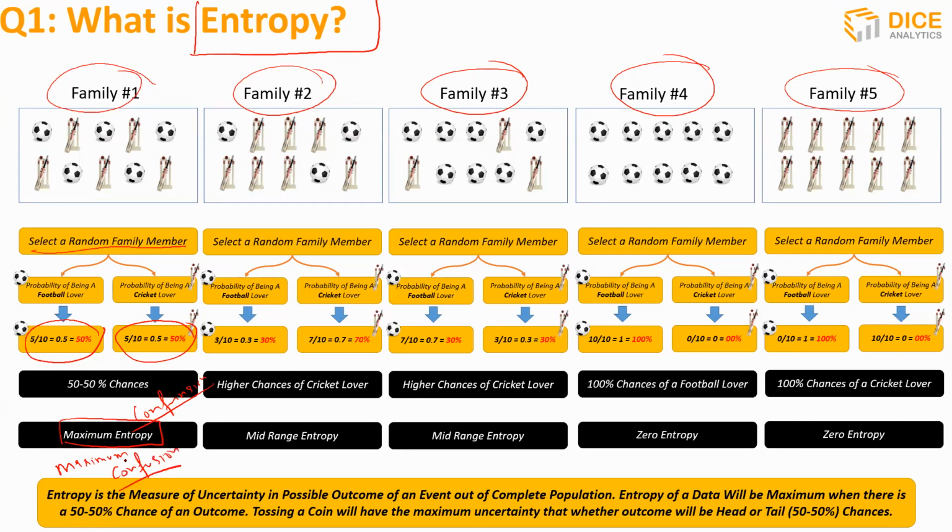If I go to family number 2, then there are more cricket lovers and fewer football lovers, right? So we can say that entropy has been reduced. Why has entropy been reduced? Because we have become more certain about a class.